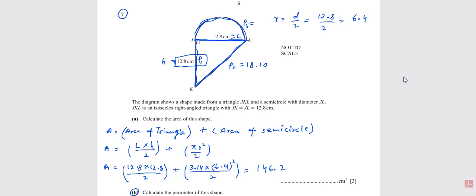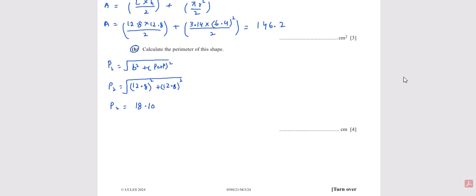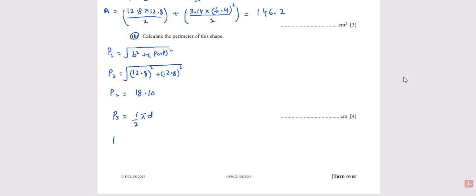P3 is a semicircle. Area of semicircle means that P3 is equal to 1 by 2 pi d. So P3 is equal to 1 by 2, value of pi is 3.14, and diameter.